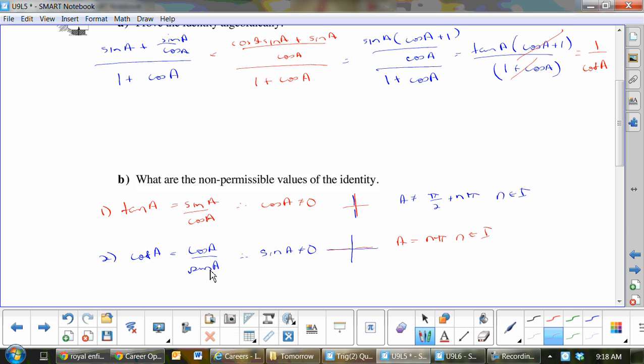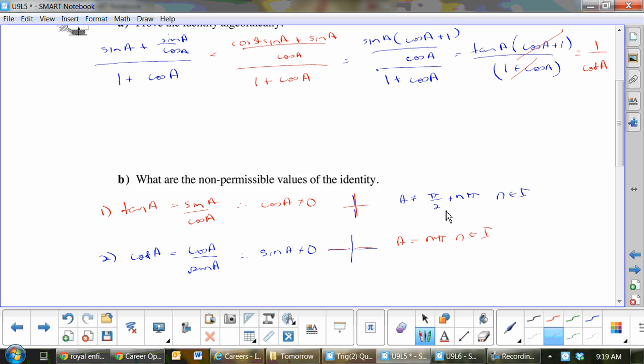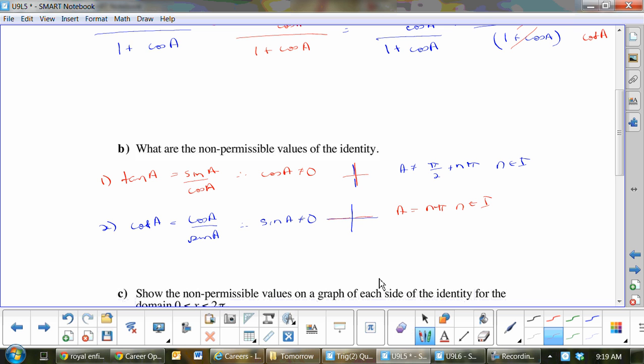Because 0 divided by sine, whatever it is, would be 0. So cotan A would be 0. Therefore, 1 divided by 0 is undefined. So cotan A cannot equal 0. But I already covered that. Okay? Is there a question? No? Okay. So also I could say cos A cannot equal 0, but already done.